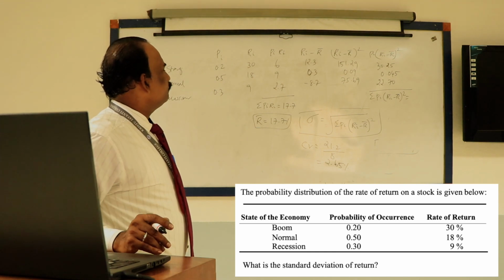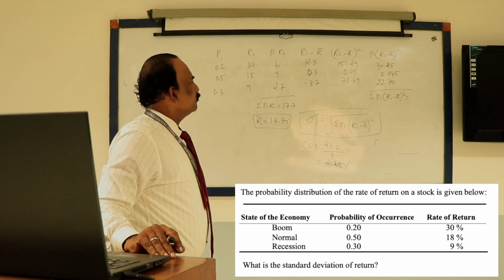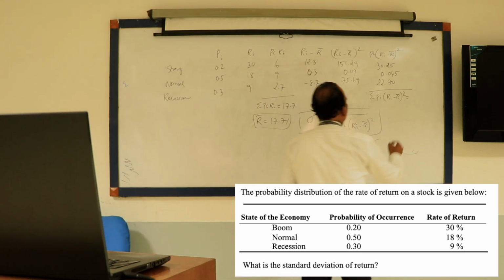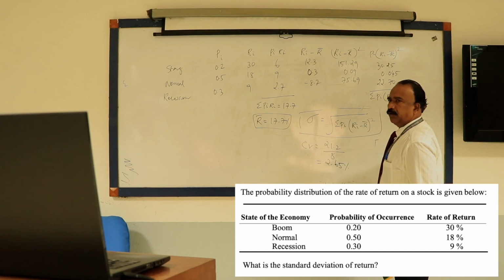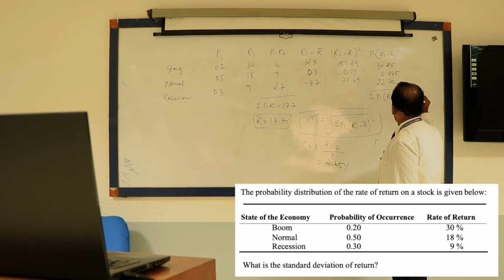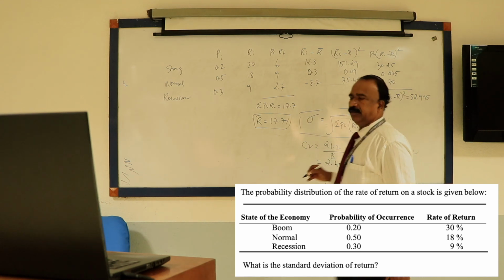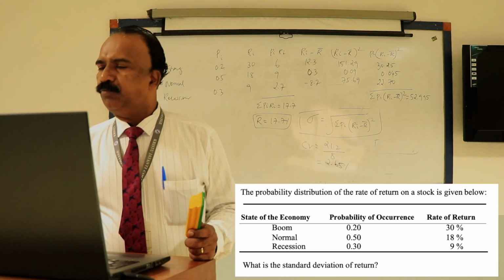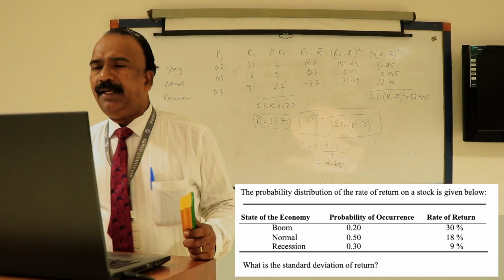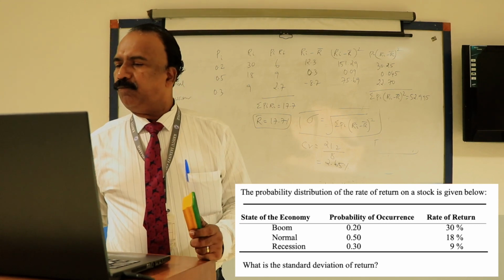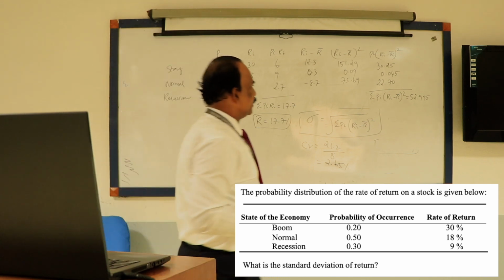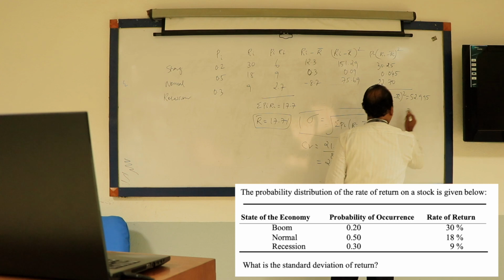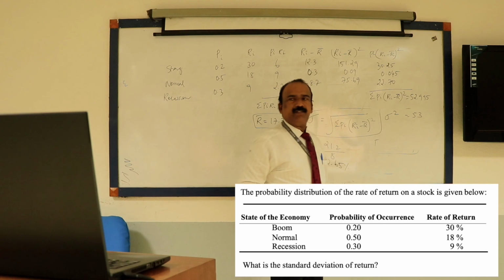The total comes to 52.995, so we can round it to 53. So the standard deviation square, the variance, is 53.